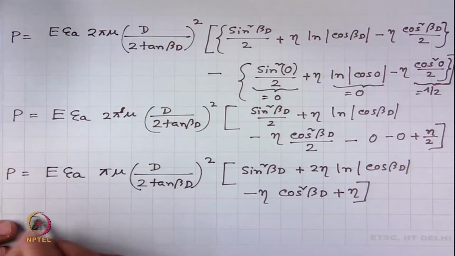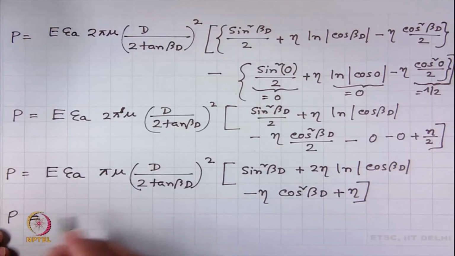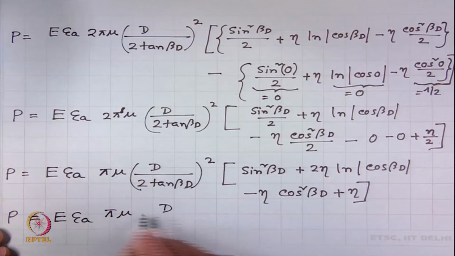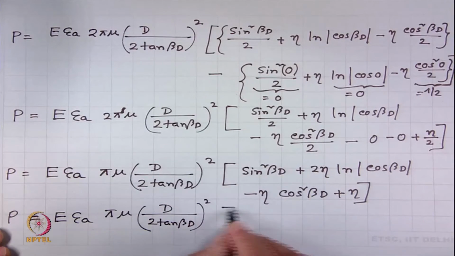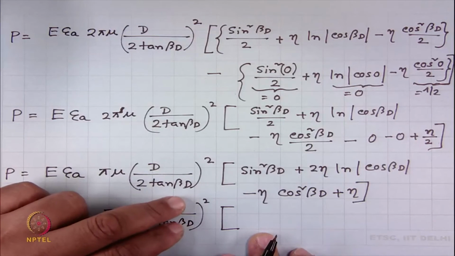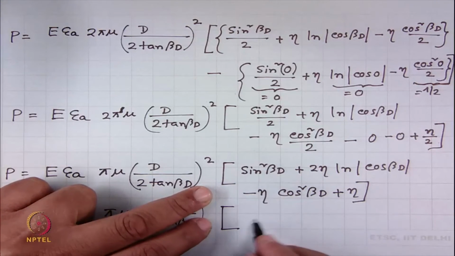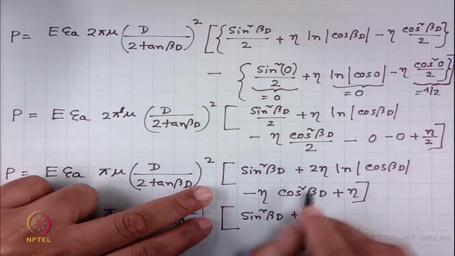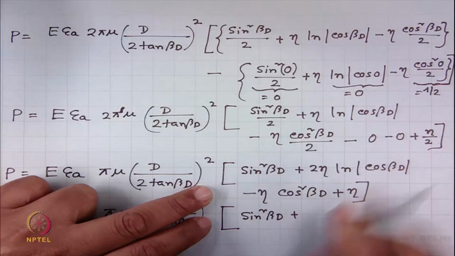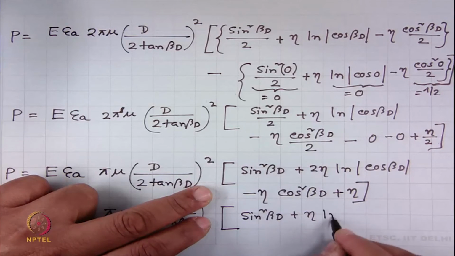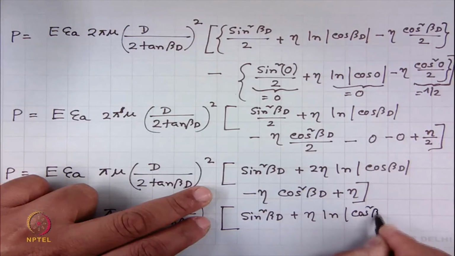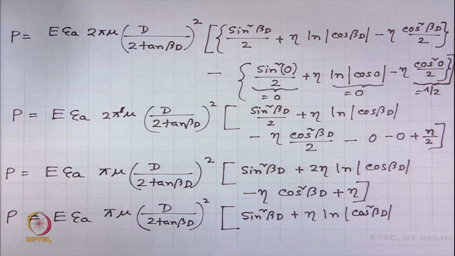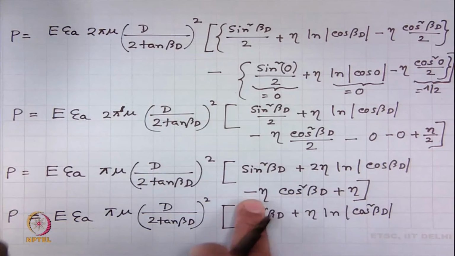Further, we write E epsilon A pi mu squared, sin square beta d plus these 2 we will shift here because of logarithmic function, eta ln cos square beta d plus eta minus eta cos square beta d.